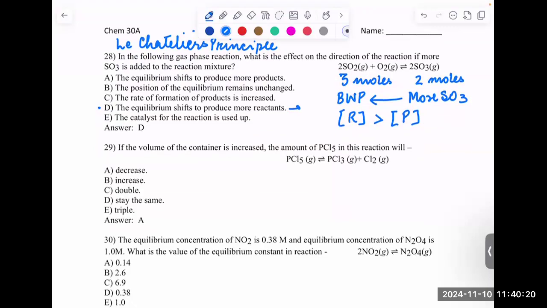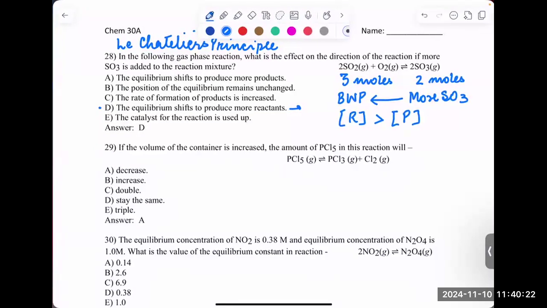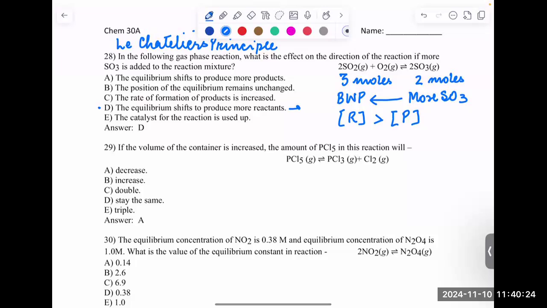Next, if the volume of the container is increased, what happens to the amount of PCl5 in this reaction? Here, this is 1 mole total and this is 2 moles total. So we have 1 mole and 2 moles, total moles on each side.